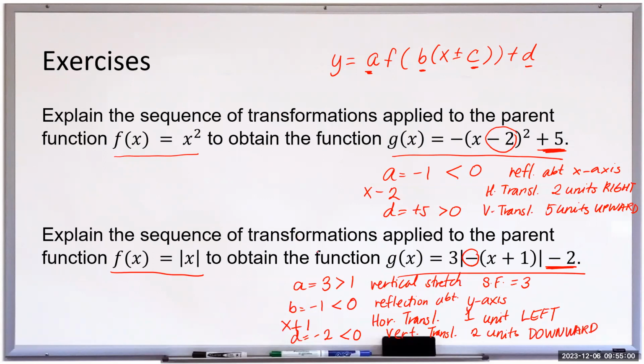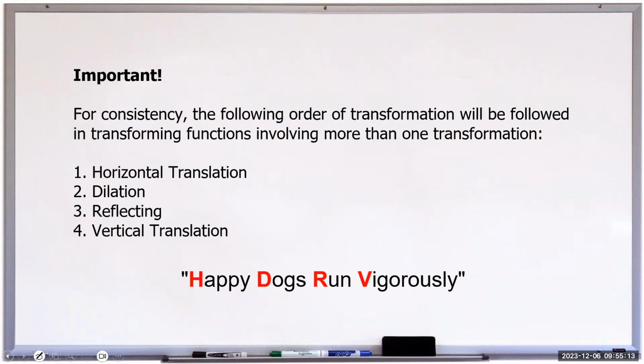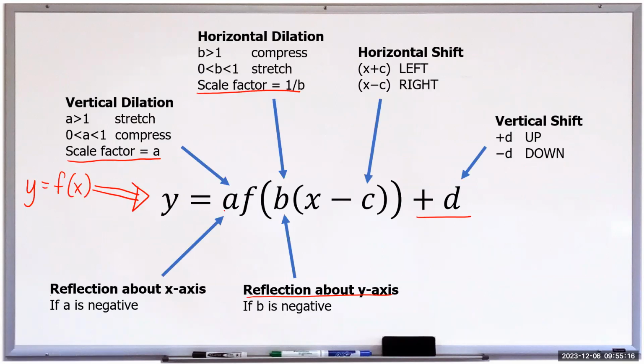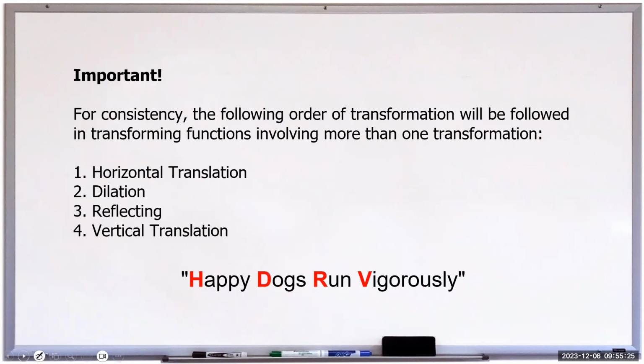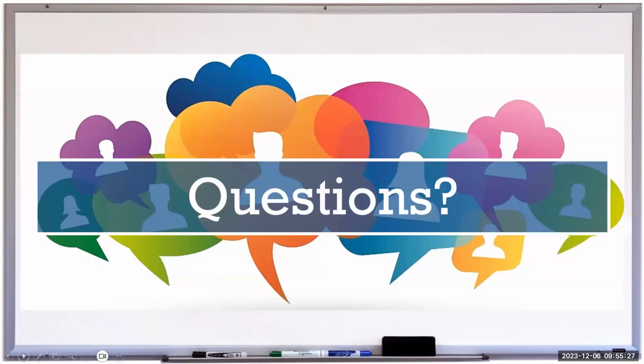So overall, there are 1, 2, 3, 4 types of transformation. Again, in order for us to identify those types of transformation, we need to look at the big picture, which is this one. We need to identify the variables a, b, c, and d respectively. Okay, so this ends our topic on transformation of functions.